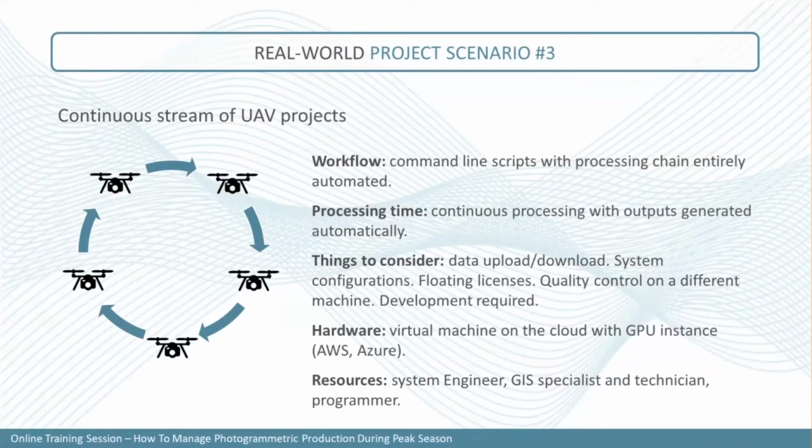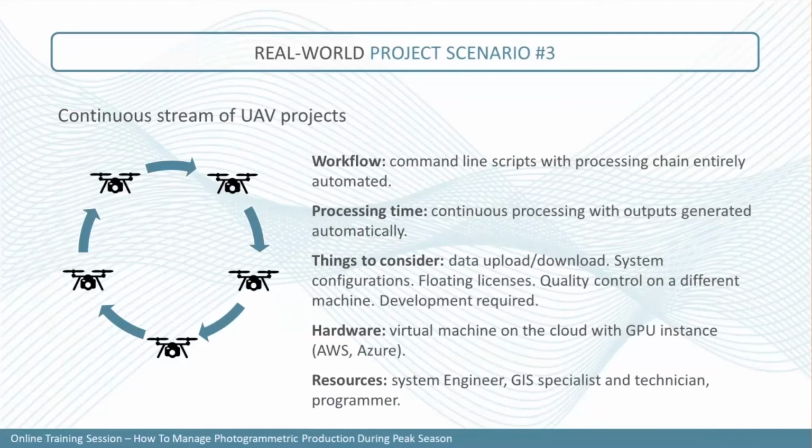Also, if your license is stored maybe on a cloud option such as AWS or Azure, you have to consider the upload and the download of the data. Also, if it's stored onto a computer, that upload and download is going to affect the processing capacities that you will have.